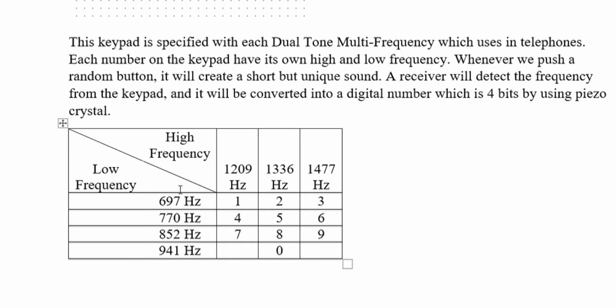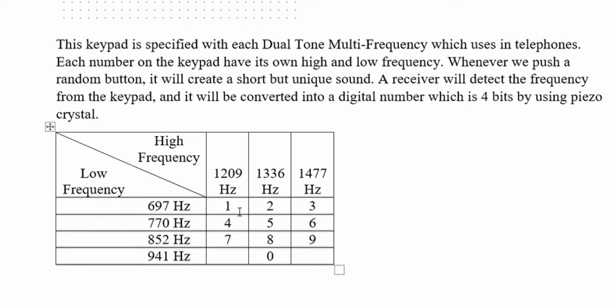Alright, how the keypad works is by generating a certain frequency. So what we have here is a specific high frequency and low frequency for each number. So for like 1, when we put 1, it will give out a sound, like I'll show you in the Arduino.